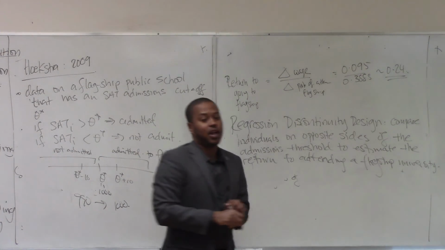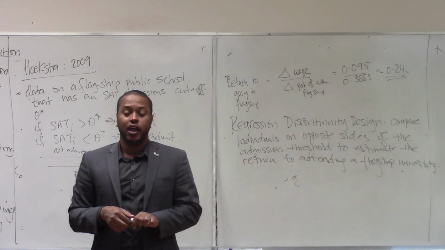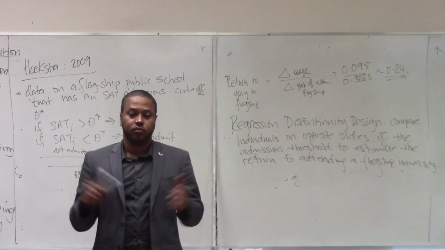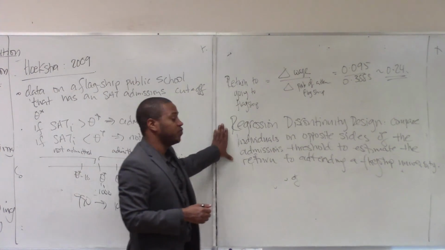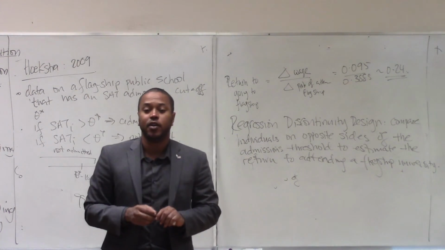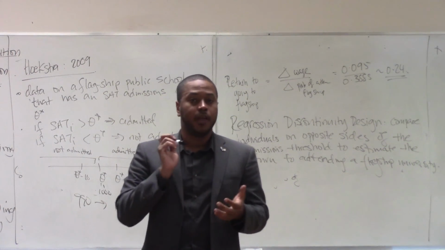And you can use this in a lot of other contexts, not just for attending a flagship school. This is just looking at this particular technique used in the context of the economics of education.